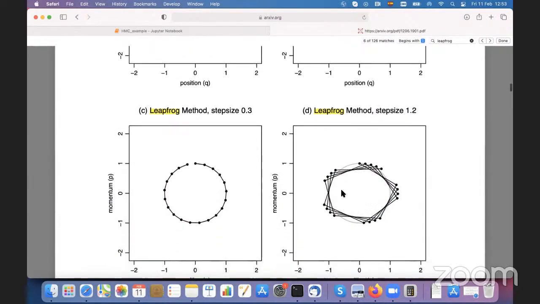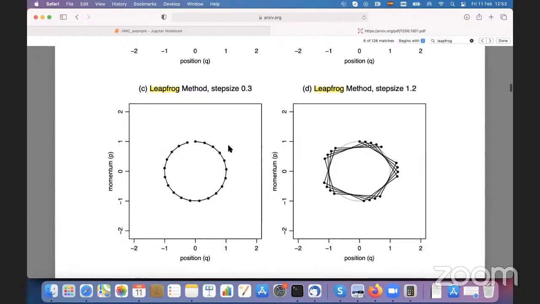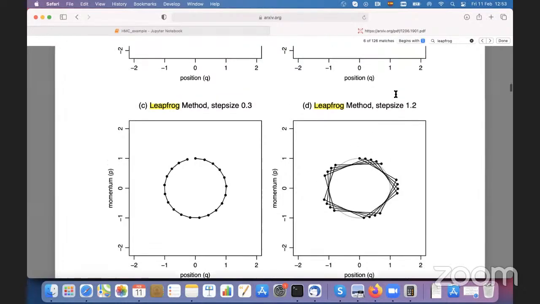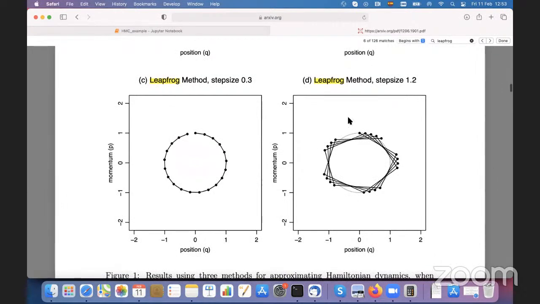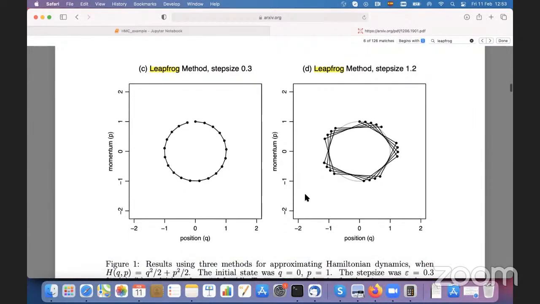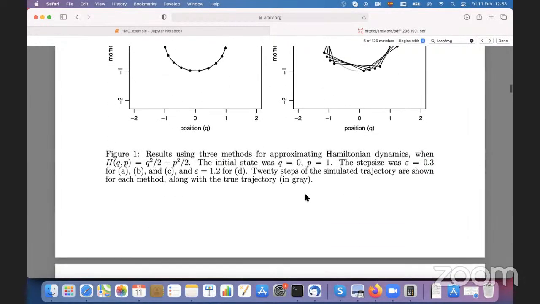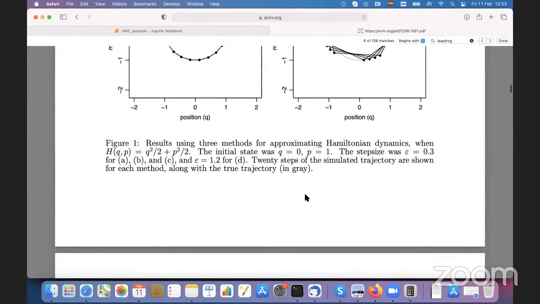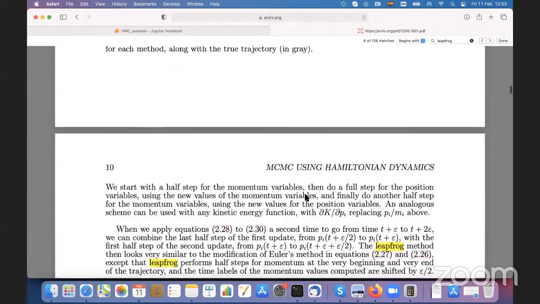But what people are doing now is actually leapfrog or refinements of leapfrog, which have much better properties. Even though you may have a very large step size, it more or less gives you some good coverage. It is ergodic. In general, you need to tune it, but it is ergodic, let's say.